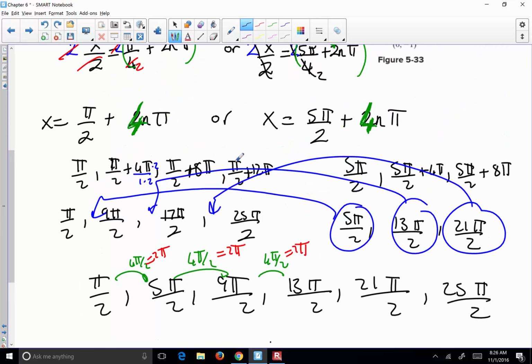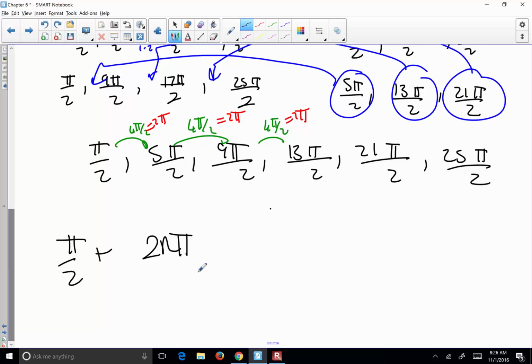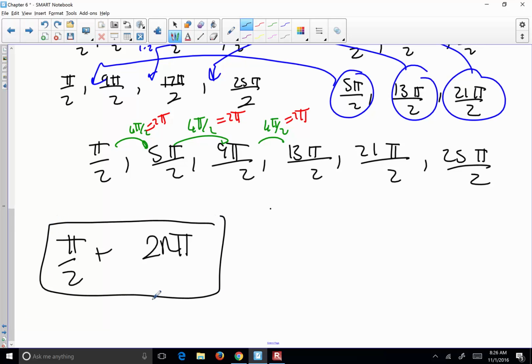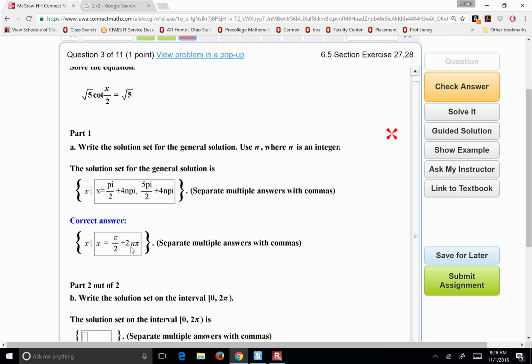When you take the numbers on the left and right and put them in ascending order, they may follow a new, simpler pattern. It's just 2 pi more than pi over 2 every time. We just need to combine them back into one formula instead of writing two separate ones. So that's the mistake we made on this question.